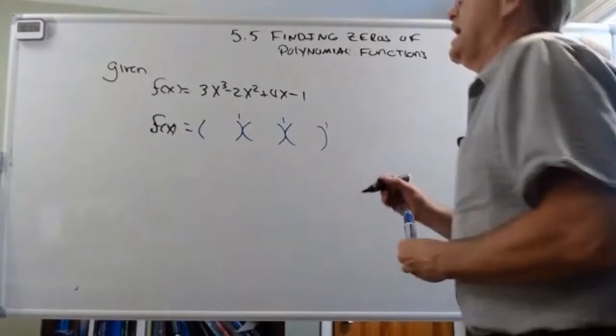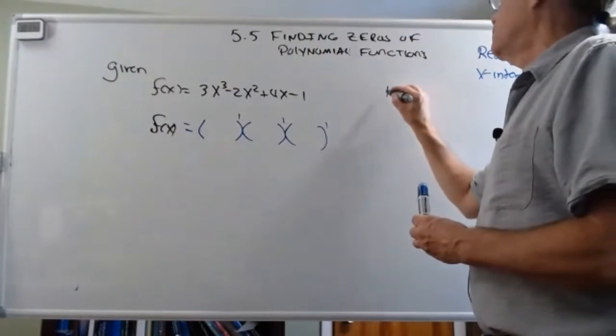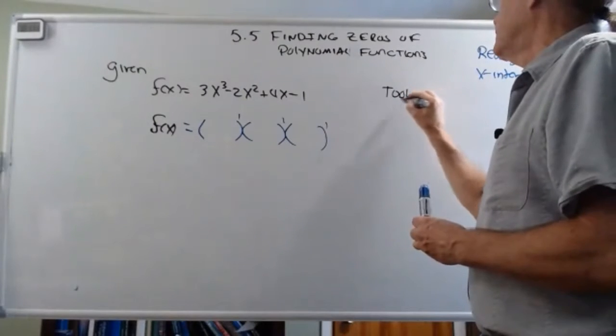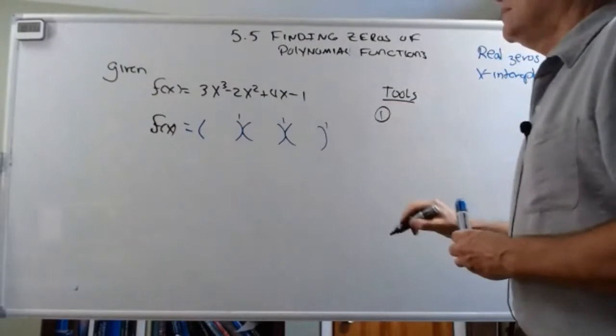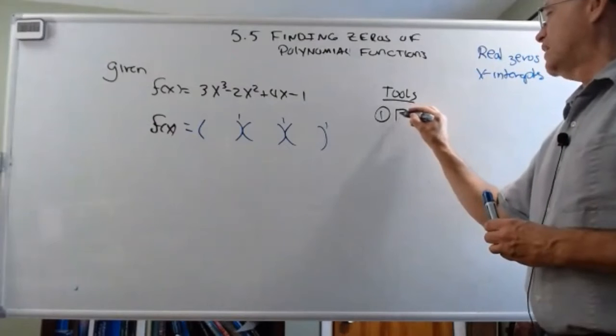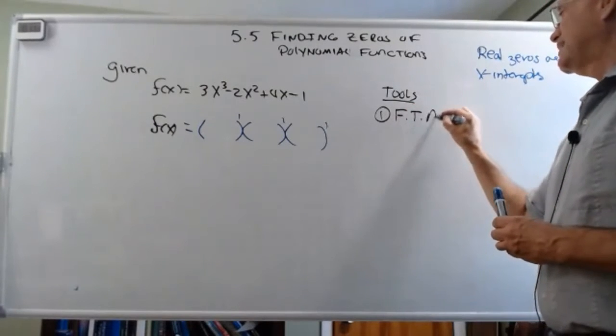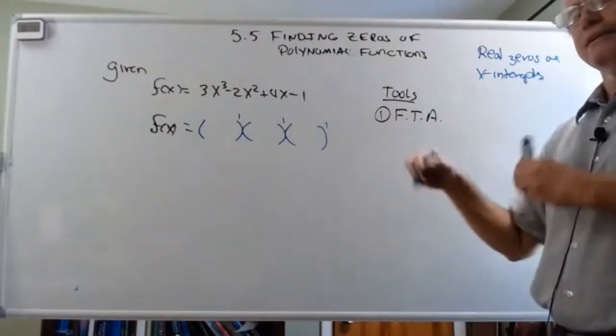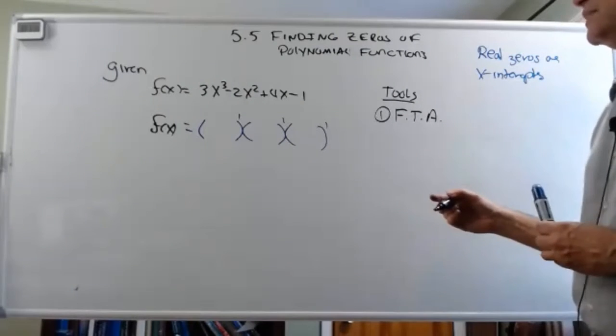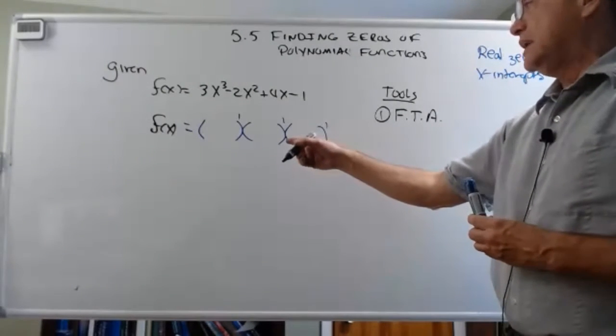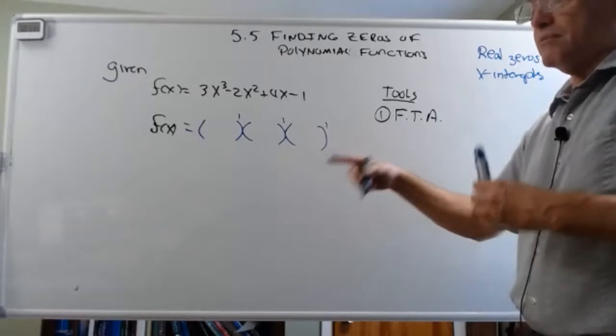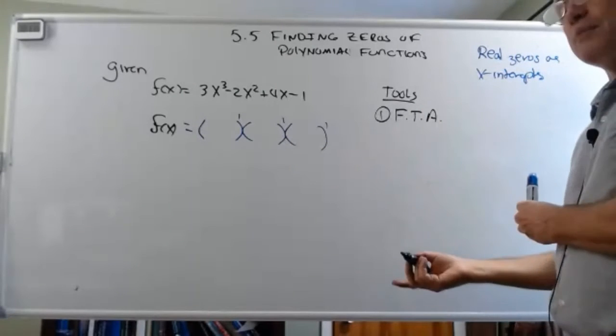What tools do we have to analyze that? So the tools we have are as follows. First tool we have is the fundamental theorem of algebra that we just presented. That tells us when we find something, what else? For example, if I found one of these to be an imaginary root, I know I have the complex conjugates.